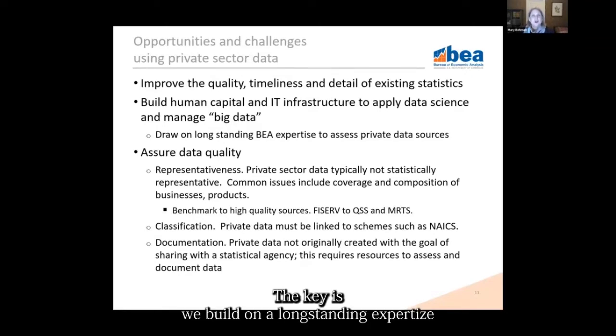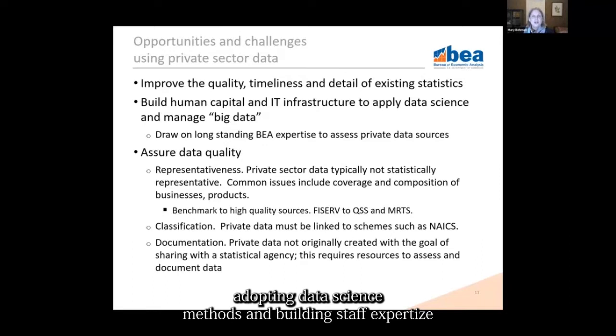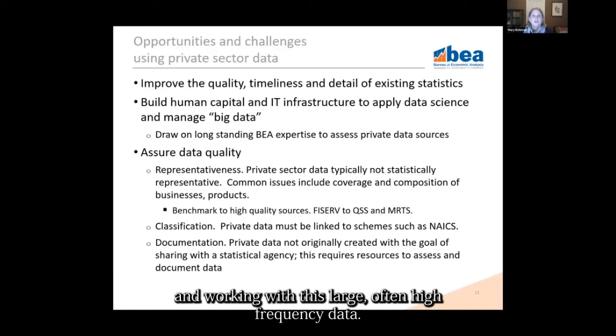I think the key is we build on long-standing expertise to acquire and assess the quality of data sources. And then we've been able to expand that by adopting data science methods and building staff expertise in working with this large, often high frequency data.